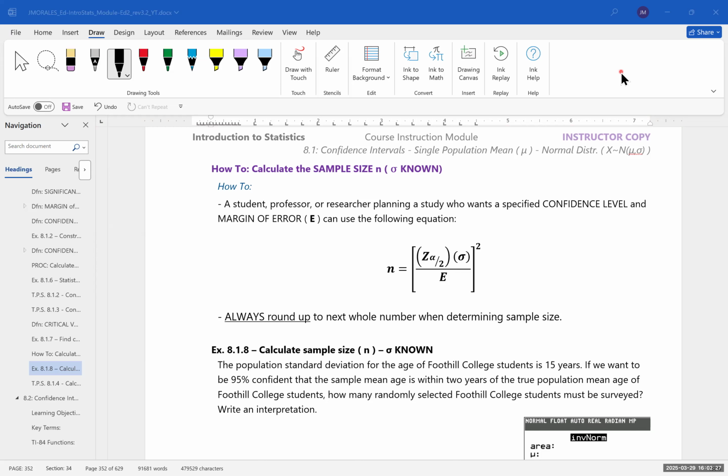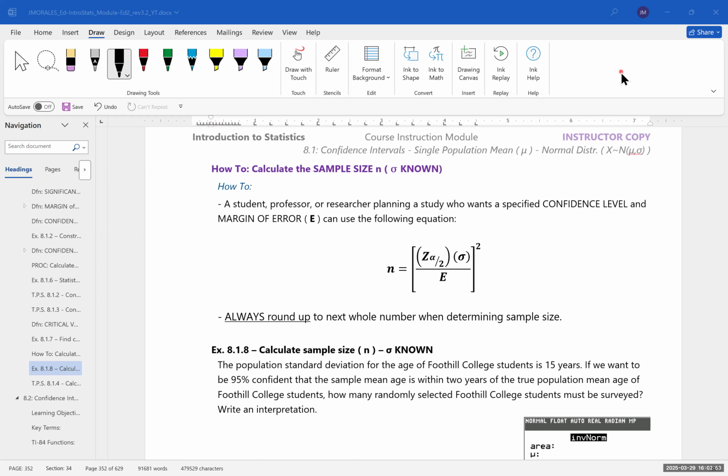Being able to determine that number gives you an estimate of how much it's going to cost to conduct that survey and be within the constraints or requirements of your project or the outcomes you're looking for. So being able to calculate sample size is really important.